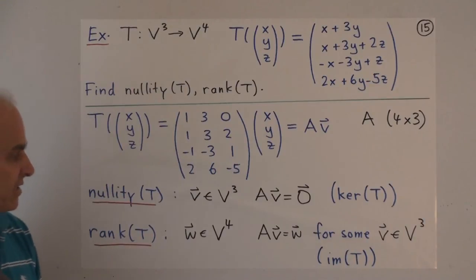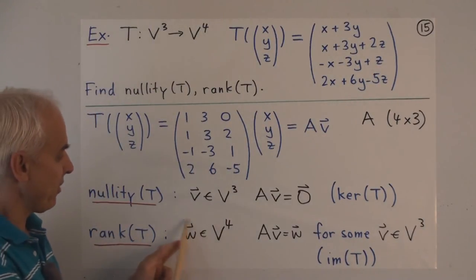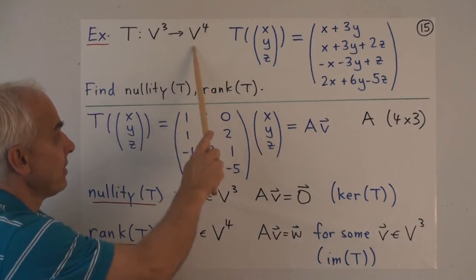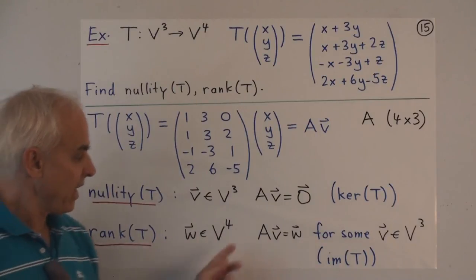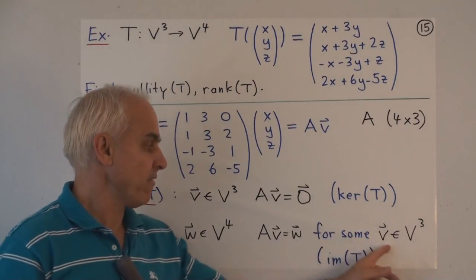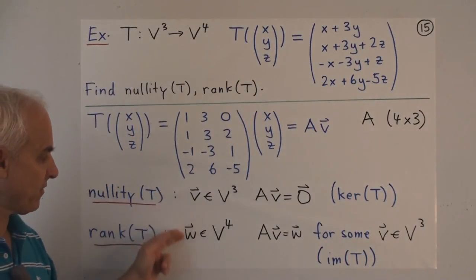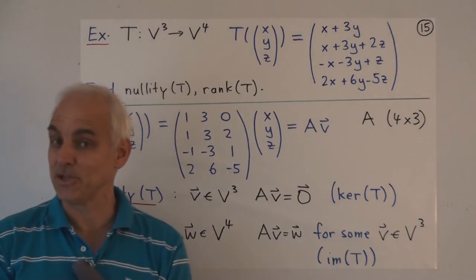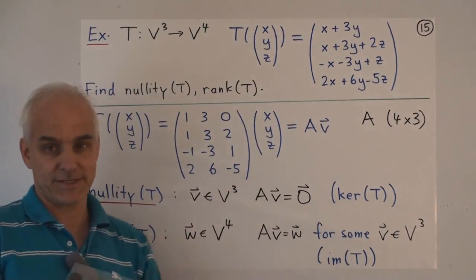And the rank of T, it's the dimension of the image. What's the image? Well, that's a property of vectors in the final space. So it's those w's in the final space that have the property that A times v equals w for some v in the initial space. All right, so to find or describe these two spaces, we need to row reduce this matrix.